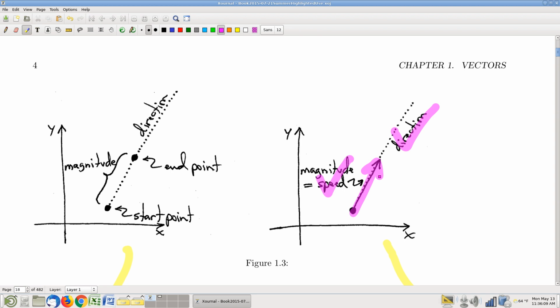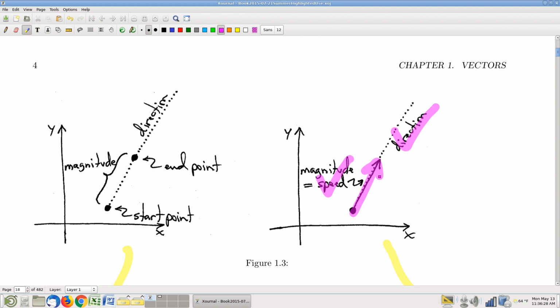This is a completely different physical quantity. Velocity is not the same as displacement. Displacement doesn't have anything to do with time at all. Velocity does. So they're completely different physical things.